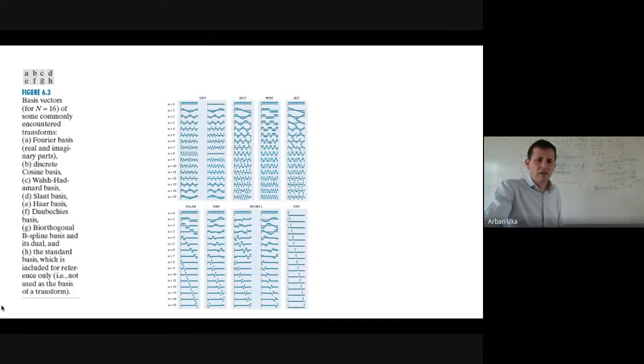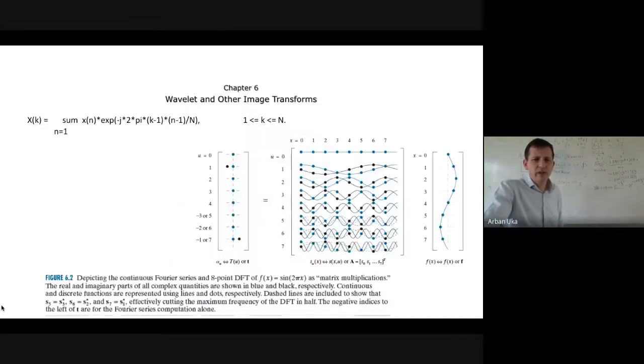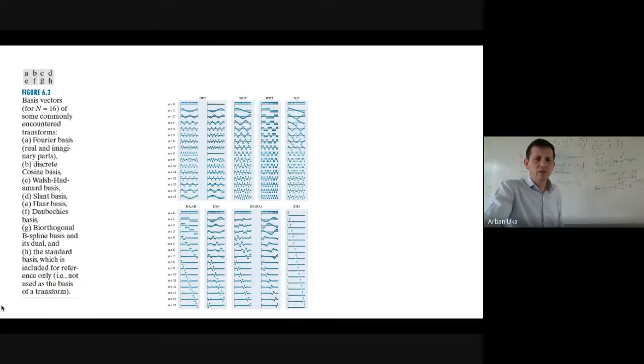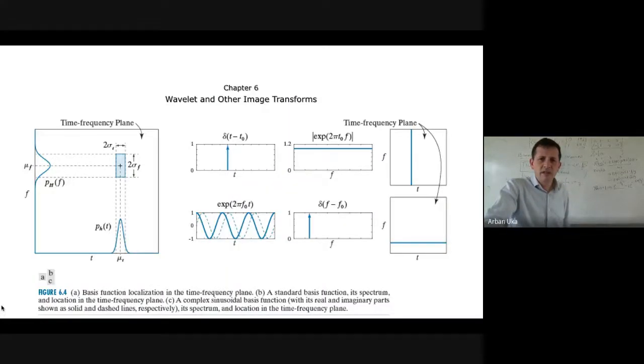The previous slide was for n equal to 8; this is for n equal to 16. The coefficients shown here are the DFT, discrete Fourier transform, the DCT, discrete cosine transform, and the wavelet Haar transform, which is another type of transform. Let's see what we have next.